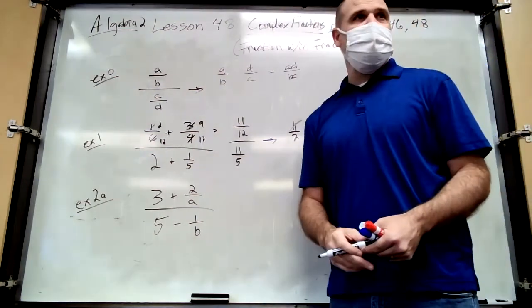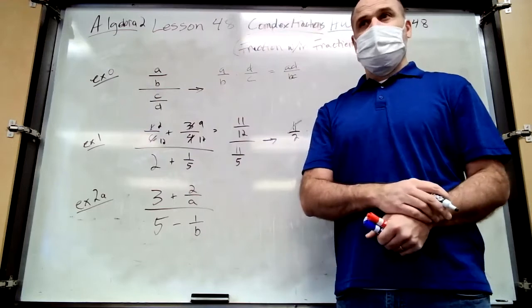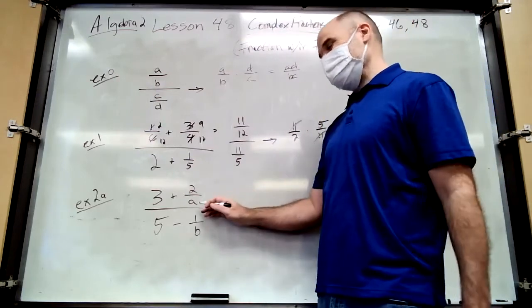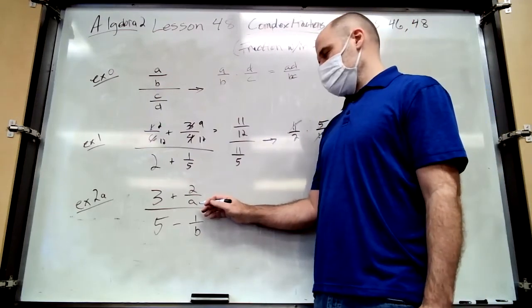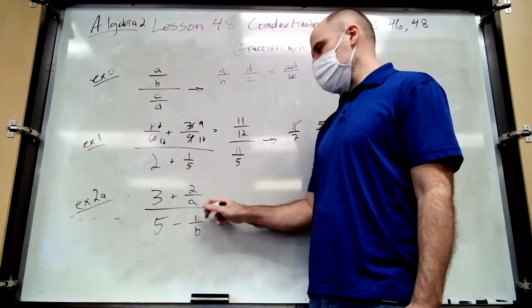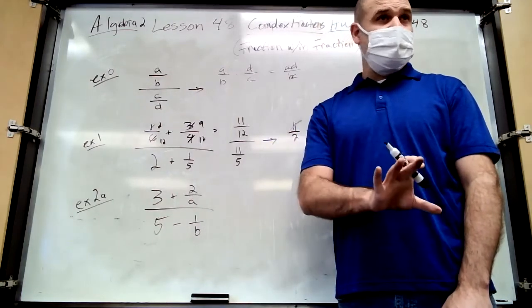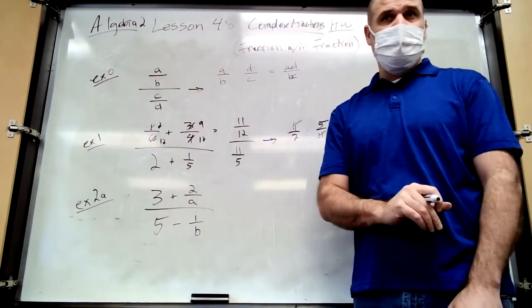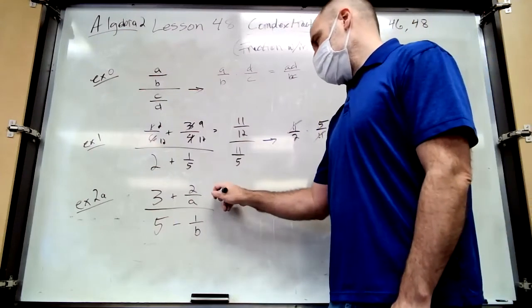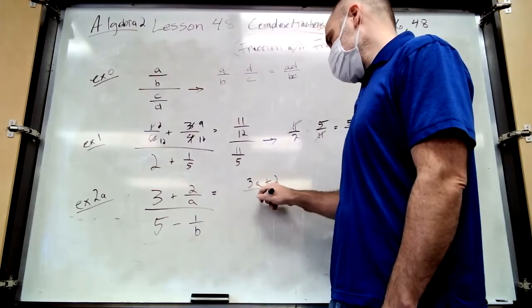What's 3 and 2 over A? You could change that to a mixed number. How do you do that? Remember, it's this number times the whole number plus the top number. So 3A plus 2 over A. Is that too confusing? Because we can do it a different way. So that's 3A plus 2 all over A.